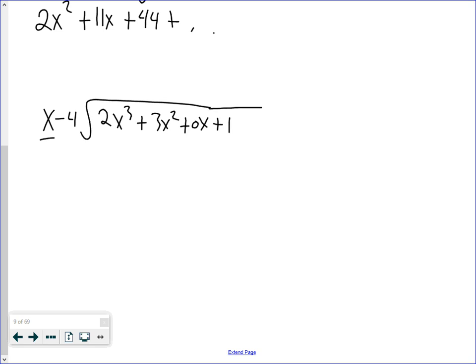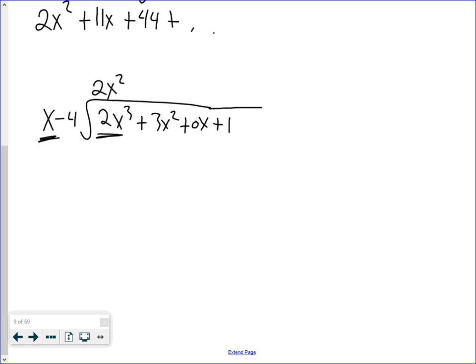There we go. Sorry about that. I rewrote it as the right problem now. So now we're going to see how many times x goes into 2x cubed, or rather x times what gives you 2x cubed, and that's going to be 2x squared.